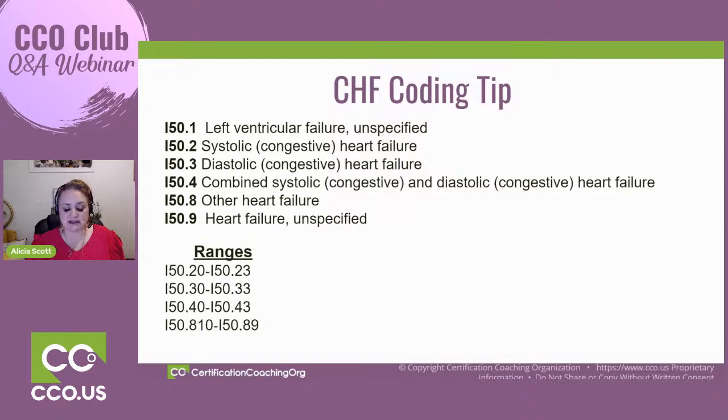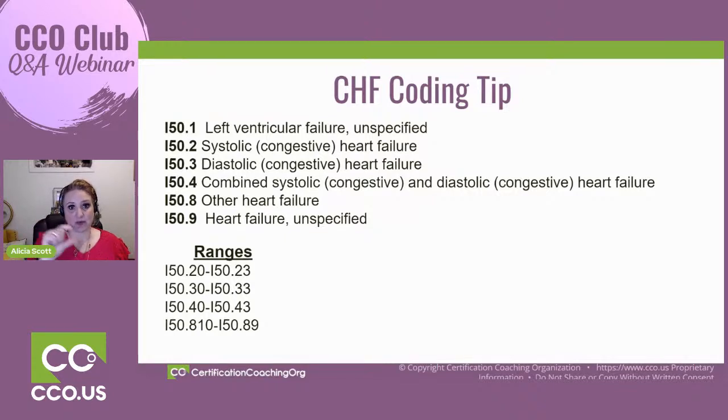Don't memorize these unless you're actively working in cardiology, but I50 is the parent code. That's CHF. Then you're able to further identify where there is left ventricular failure, unspecified. That's a standalone I50.1, or I50.9 unspecified. We don't know. Then again, I50.2, that's systolic, and I50.3 is diastolic.